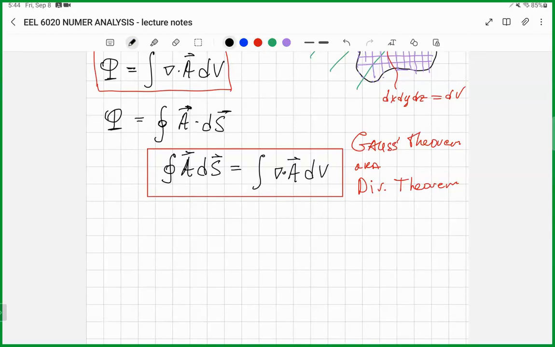And so this is the importance. And of course, it has other important applications, which we will discuss when next week we will start discussing the Maxwell equations. So this Gauss theorem plays a key role there.